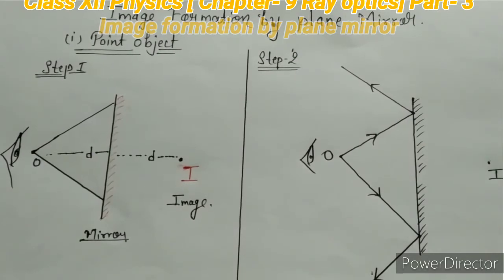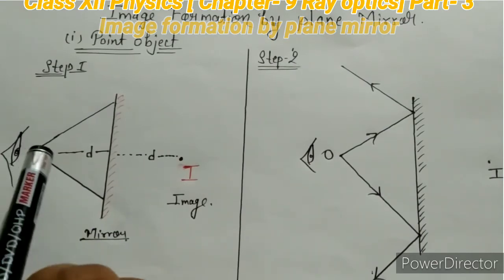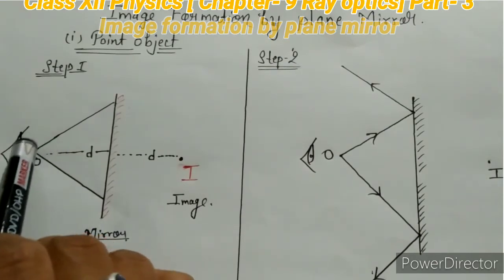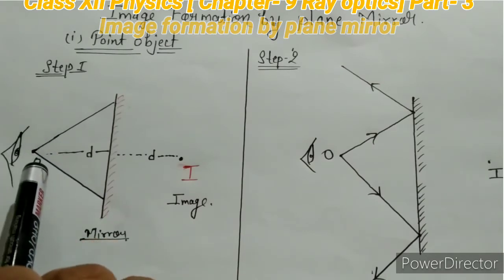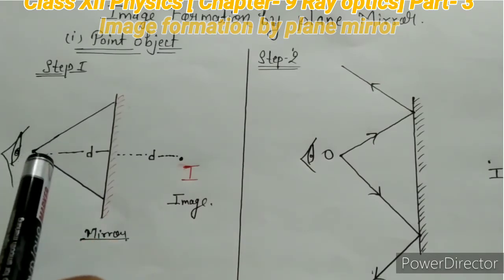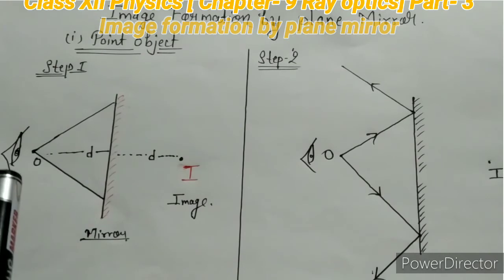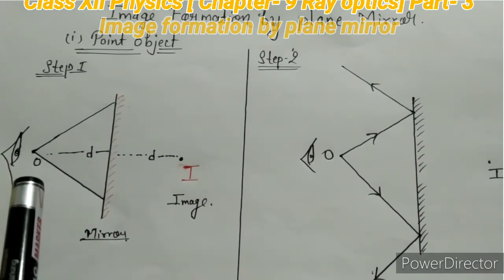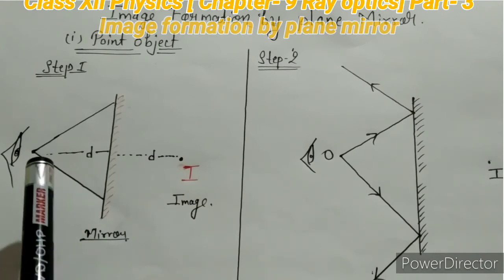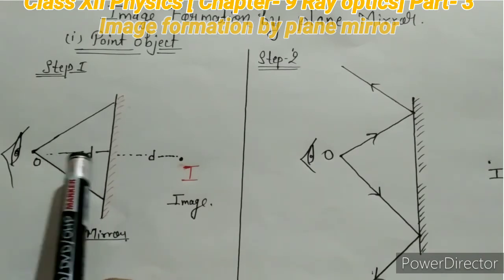First we consider one object O. As you see on the board, this is the point object O. And we know the characteristics of a plane mirror: it forms an image of the same size as the object. So we consider the same size and the same distance.